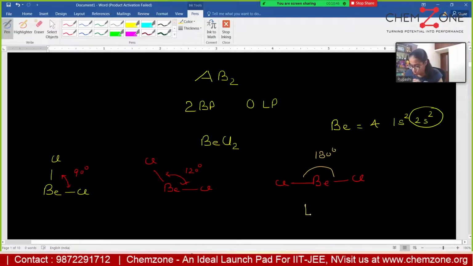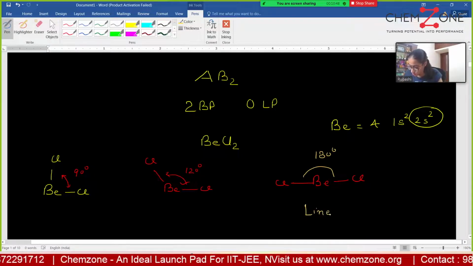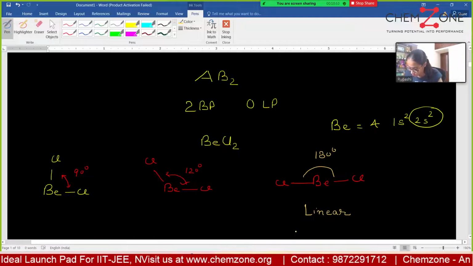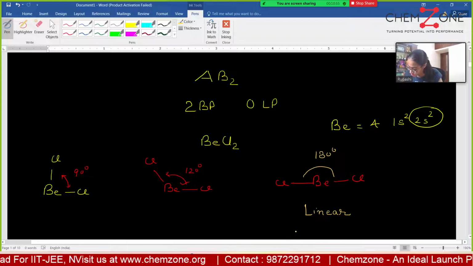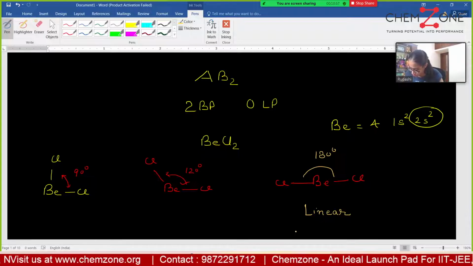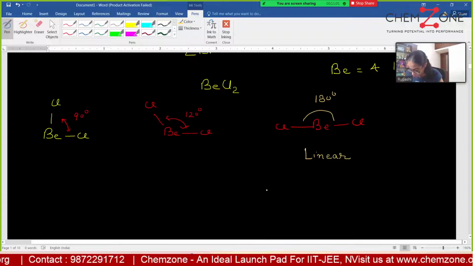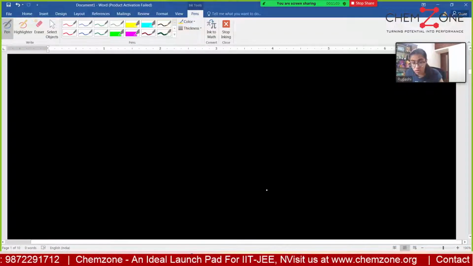So the shape of the molecule is linear. Am I clear? Shape of molecule is linear.